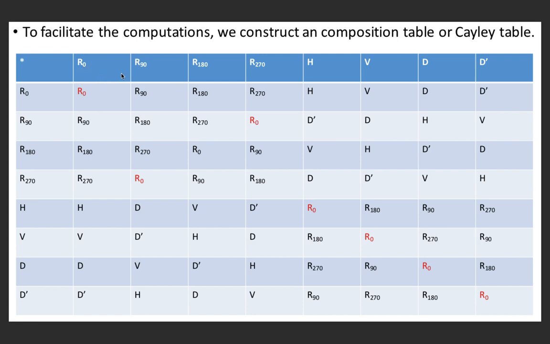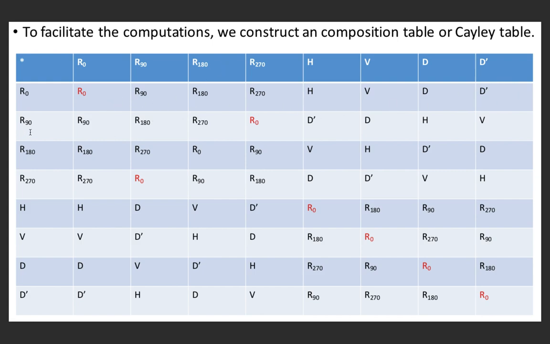We write all the elements of D4 in the top border row and left border column. Then we perform these transformations, R0 with R0, R90, R180, and write the corresponding elements here.